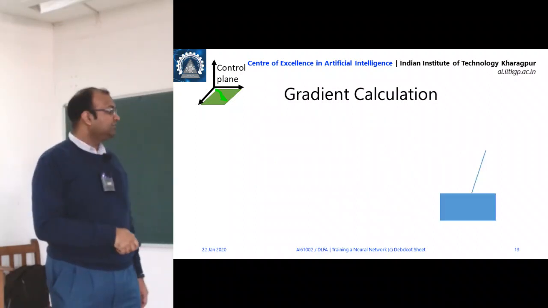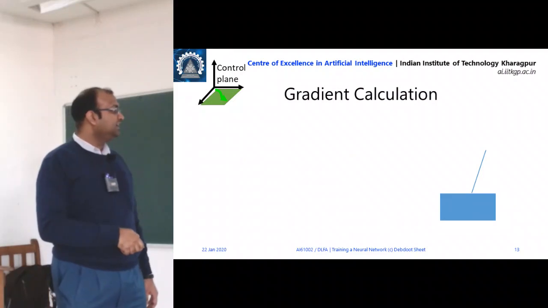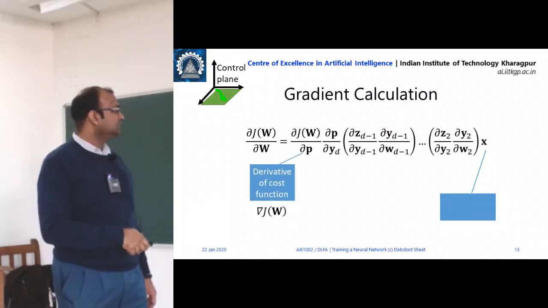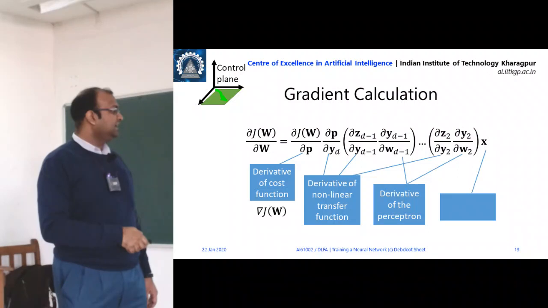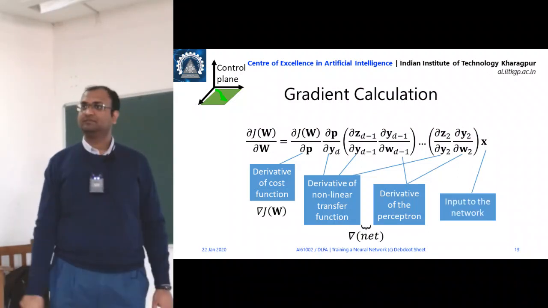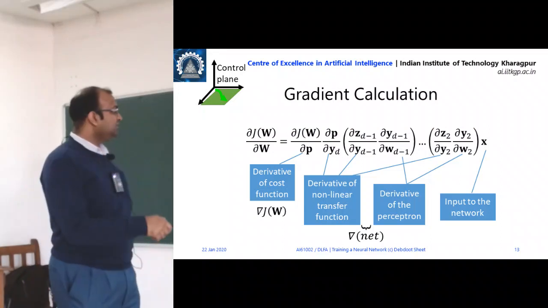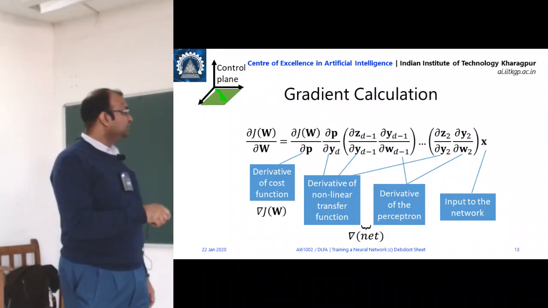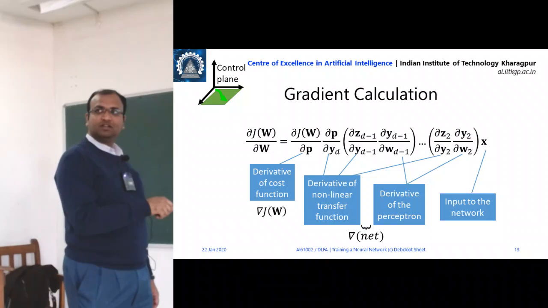Now if I follow this and I keep on writing, then this whole thing is going to look like this. So in this whole network you will have this output loss which is calculated in terms of the derivative of a cost function.